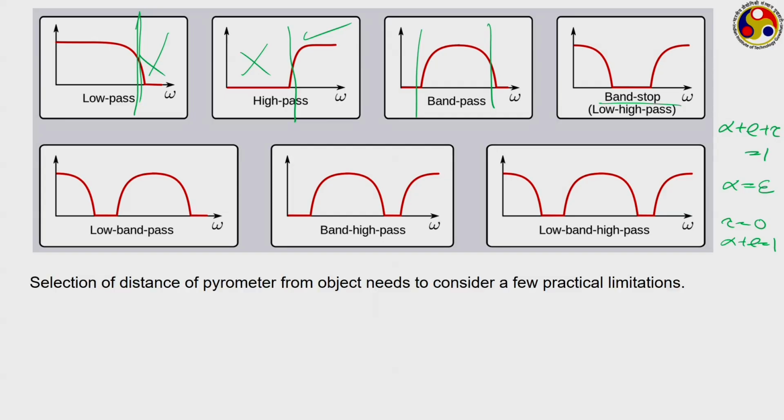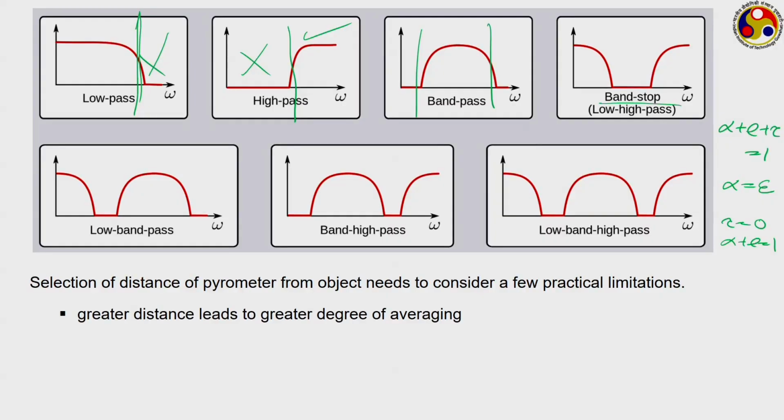Now, the selection of the distance of the pyrometer from the object needs to consider a few practical limitations. We know that pyrometers can give you remote temperature sensing, because we are sensing radiation.